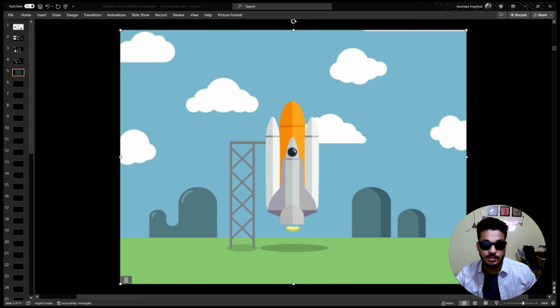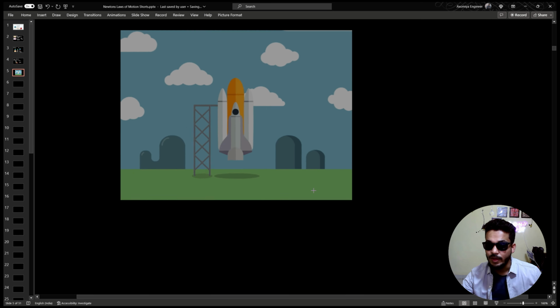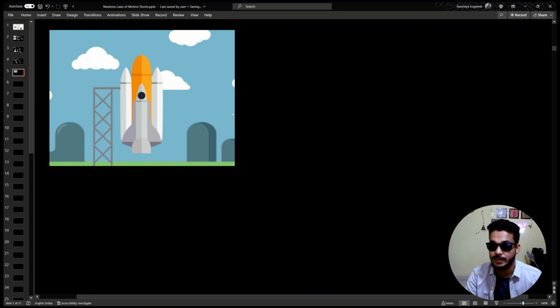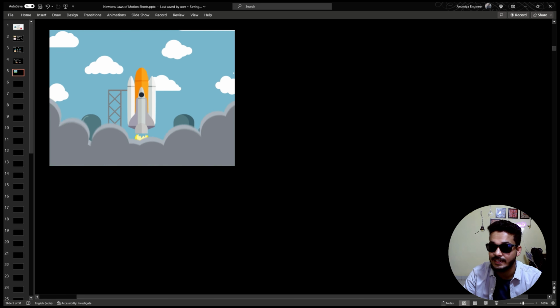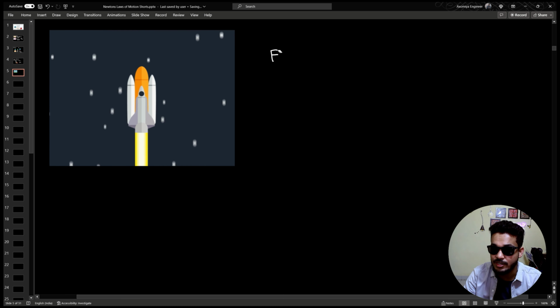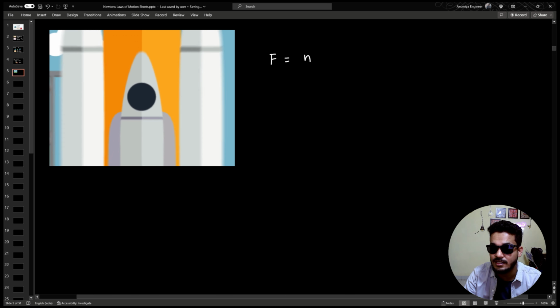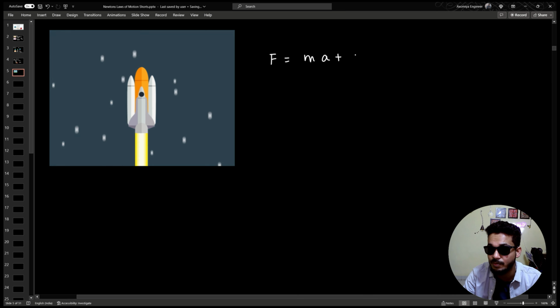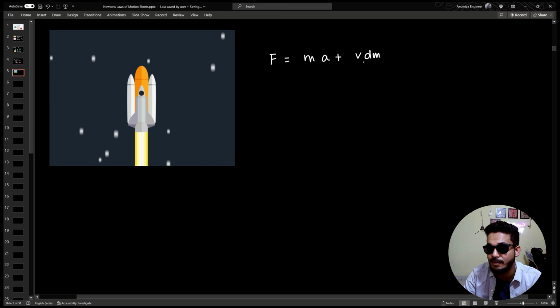What exactly is thrust? Well, the rockets burn the fuel at a very high speed, so their mass continuously decreases. So the force equation as a whole is not just mass into dv by dt or mass into acceleration. It's mass into acceleration plus v into dm by dt.